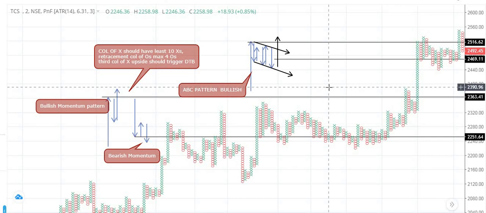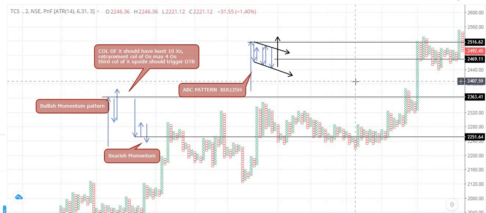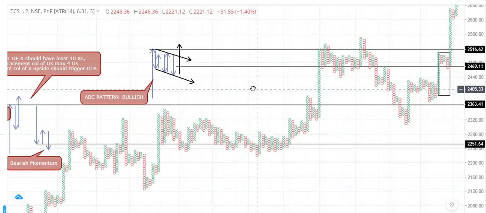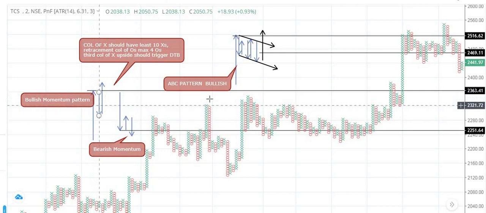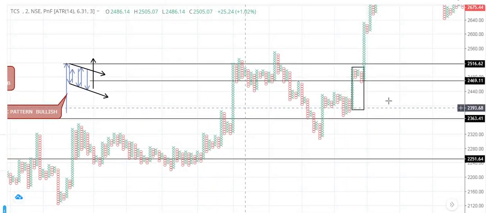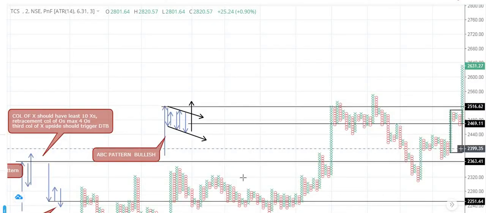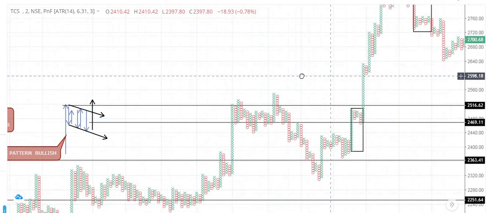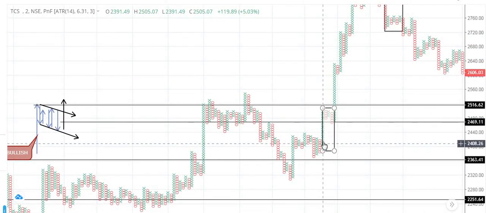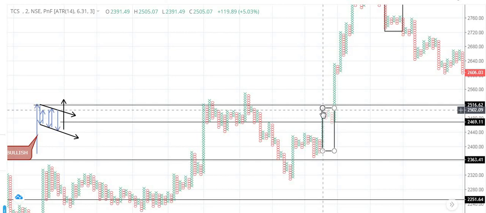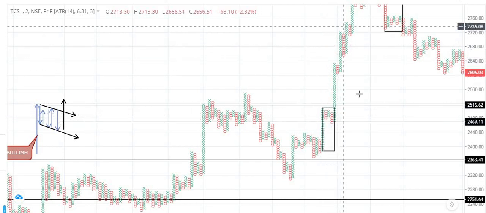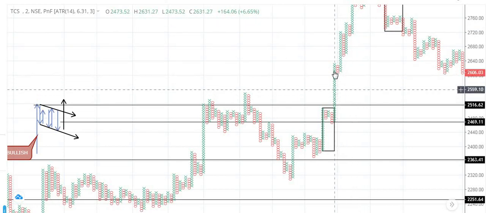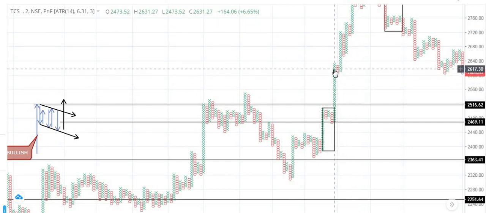So I have marked, to save the time, all these 4 patterns. See, first is bullish momentum pattern. Now you will see ABC bullish pattern. See, more than 10 O's, axis, O, retracement, and here we gave a breakout, went up, and above that momentum is so strong, we got a bullish momentum pattern.